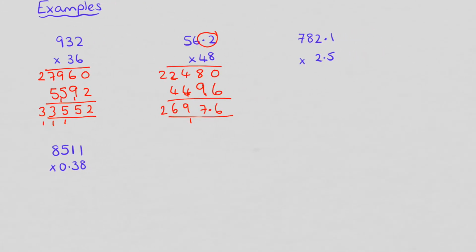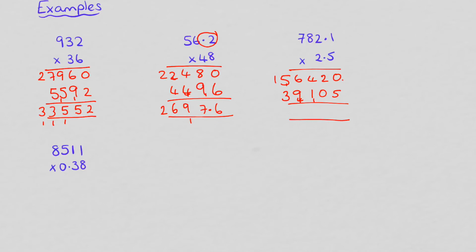Okay, next one. Again, ignoring the decimal points. Top row is times 20. So 1 2 is 2, 2 2s are 4, 8 2s are 16, 7 2s 14, add the 1, makes 15. Then the second row is going to be times 5, ignore the 2. So 1 5 is 5, 2 5s are 10, 8 5s are 40, add the 1, and 7 5s are 35, I need to add the 4.